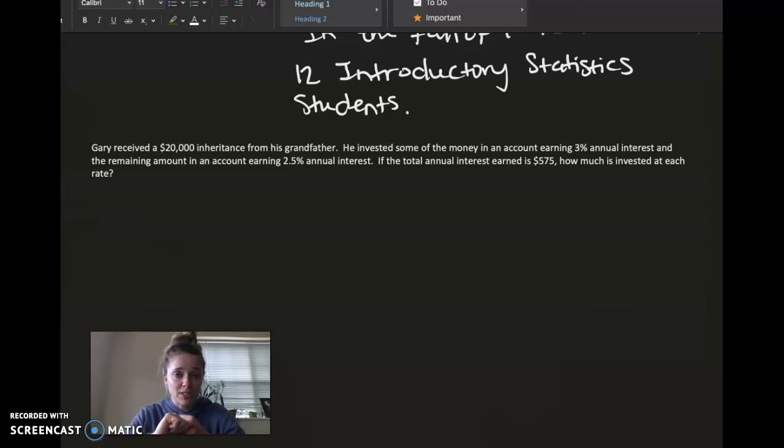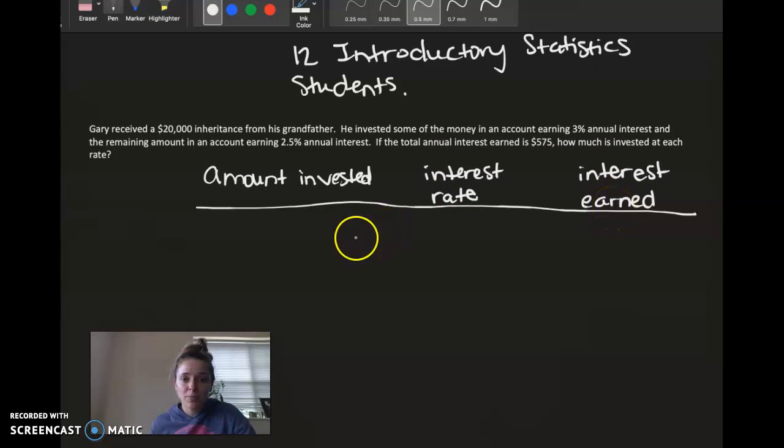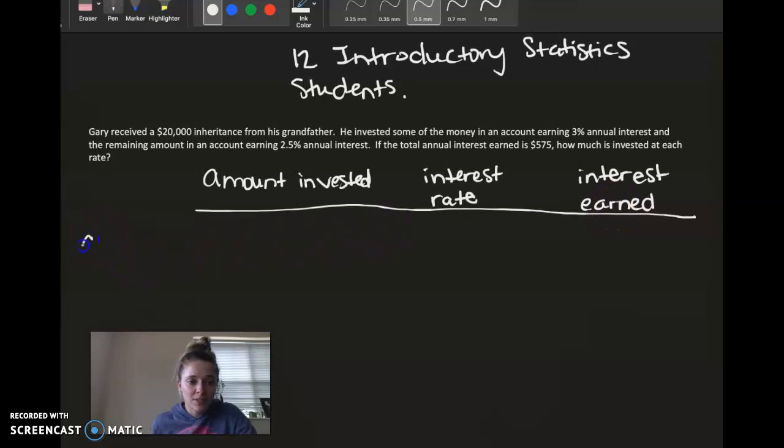So this one's kind of got a lot going on, so we're going to organize the data using a table. In my table, I'm going to be looking at the amount that I invest in each account, the interest rate for each account, and the amount of interest earned for each account. So I've basically got one account, so account 1, and another account, so account 2.